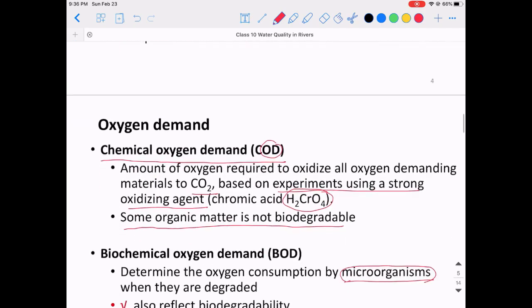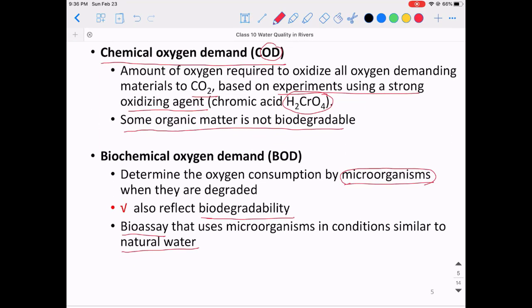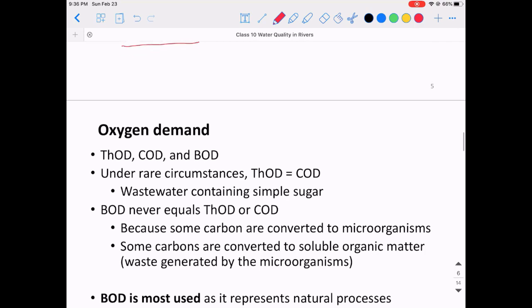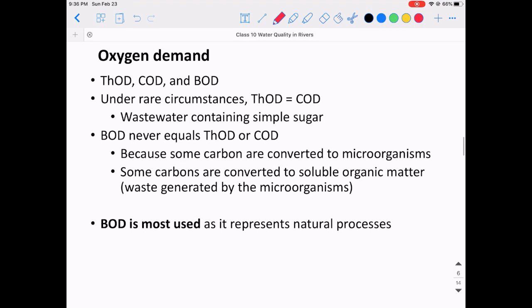So since we know all of these parameters, for example, the theoretical oxygen demand, COD and BOD, what are their relationships? For these three oxygen demands, we know that under very rare circumstances, the theoretical oxygen demand is going to be equal to COD.